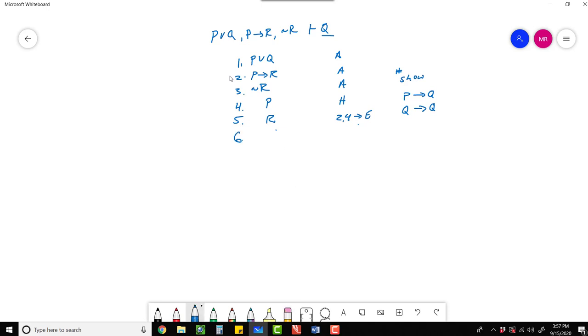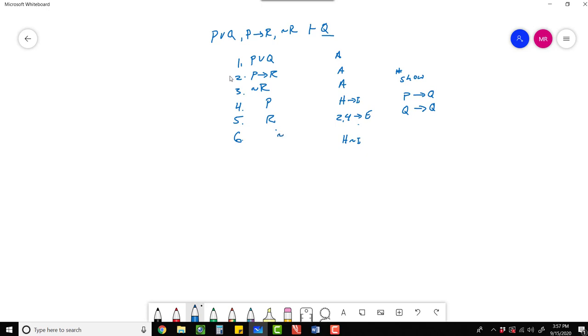And think more properly. Okay, I've got my R, but what I'm really looking for is Q, and I don't see any way to get Q. So I do see a contradiction, so I'm going to hypothesize for negation introduction. Remember, this was for conditional introduction.